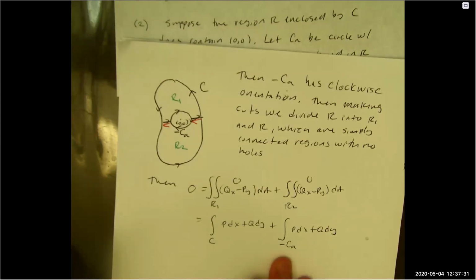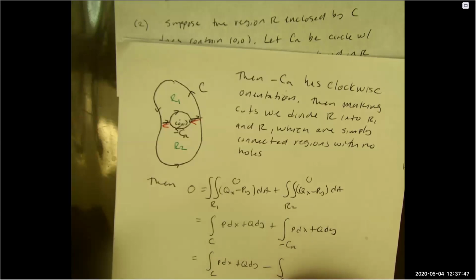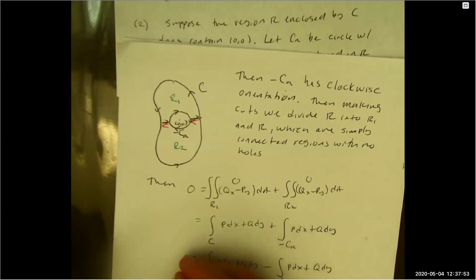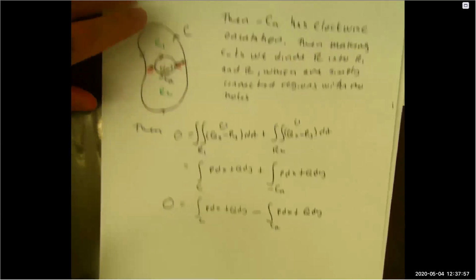All right, so we have that. And so now what this means is that this is the same thing as saying the integral over C of P dx plus Q dy minus the integral over CA of P dx plus Q dy, and this is equal to 0.